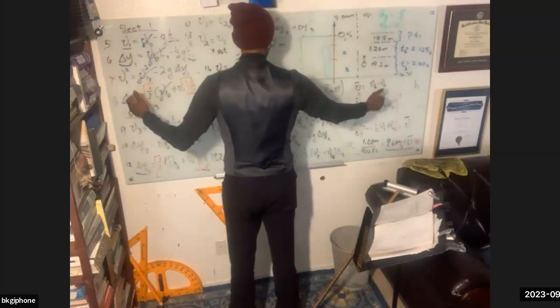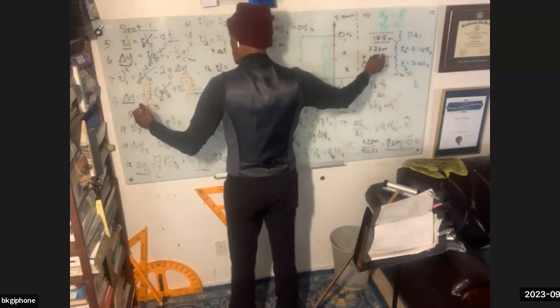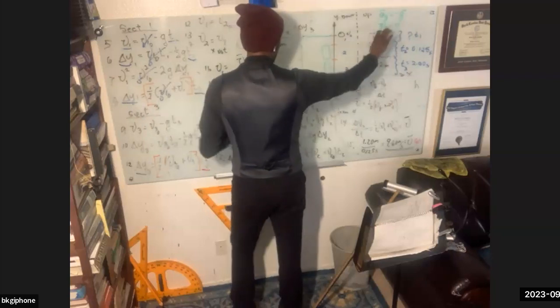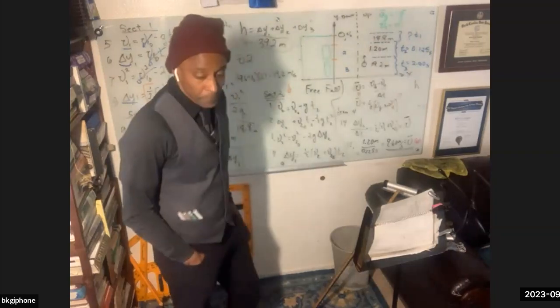So that final velocity squared divided by 2g equals this distance. So that's where I got the 18.8. Go ahead. I think the way I calculated that distance, let me see if I can find it.